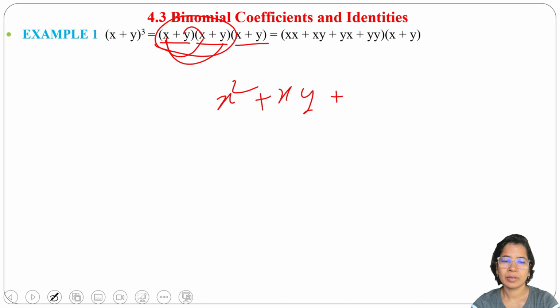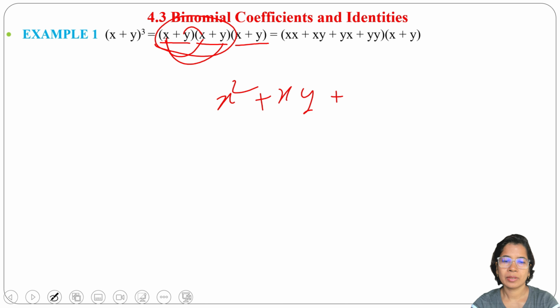Plus C(4,2) will be 6: 4 multiplied by 3 divided by 2. That is 4 factorial divided by 2 factorial multiplied by 2 factorial. This 4 factorial you can write as 4 multiplied by 3 multiplied by 2 factorial. 2 factorial will be cancelled. The remaining 4 over 2 is 2, multiplied by 3 is 6. So 6 x square y square, plus C(4,3), again 4, x y cube, plus C(4,4), that is 1, y power 4.